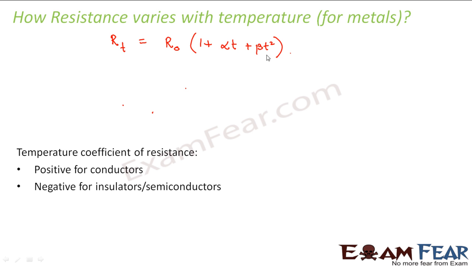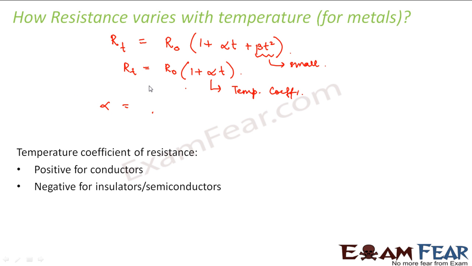Since the temperature range was very small, the beta T square term was neglected. So it was found that resistance at any temperature T is equal to resistance at 0 degree Celsius into 1 plus alpha T. And this alpha was known as the temperature coefficient of the conductor. This is known as the temperature coefficient of resistance.